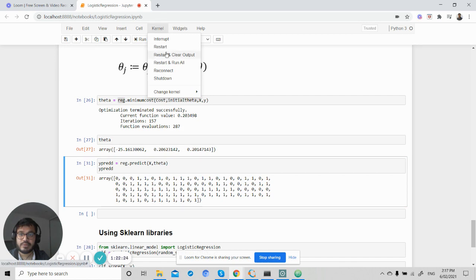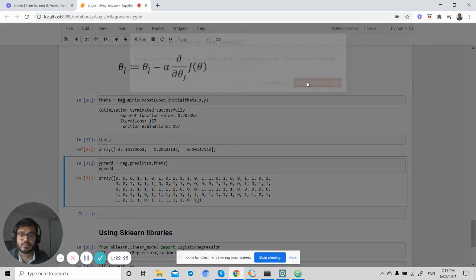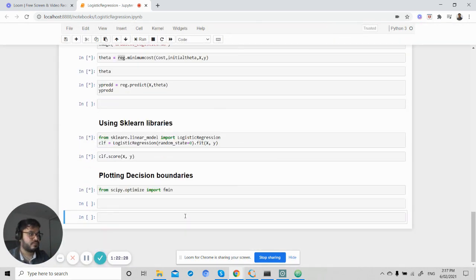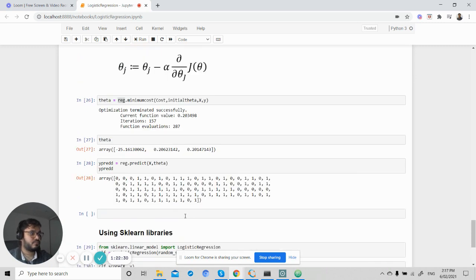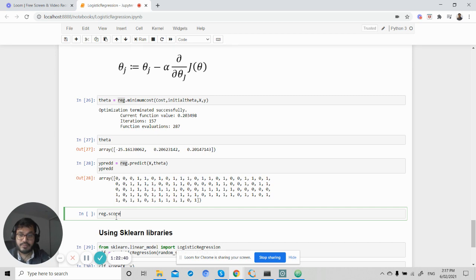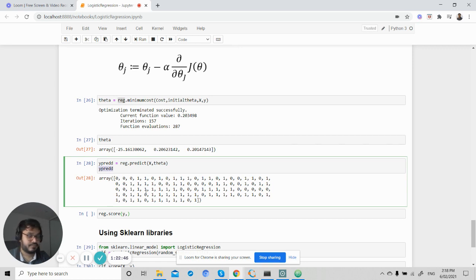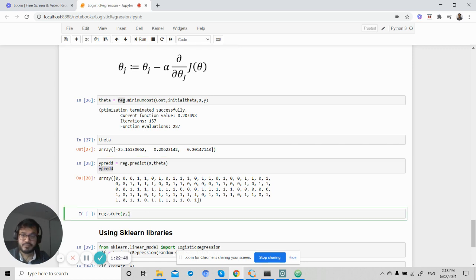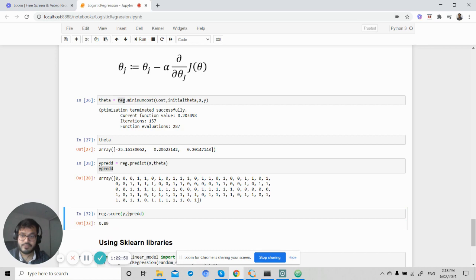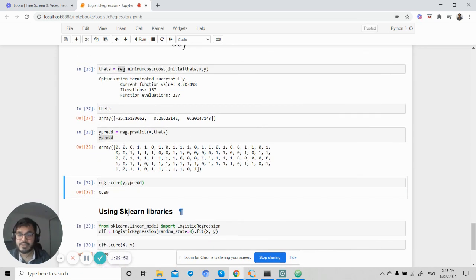So let's rerun this. So again my accuracy score will be this dot score, bracket y comma x, times 100. You can see my accuracy is 89%.